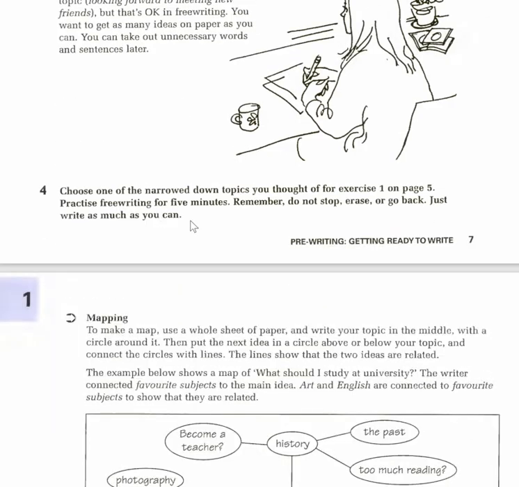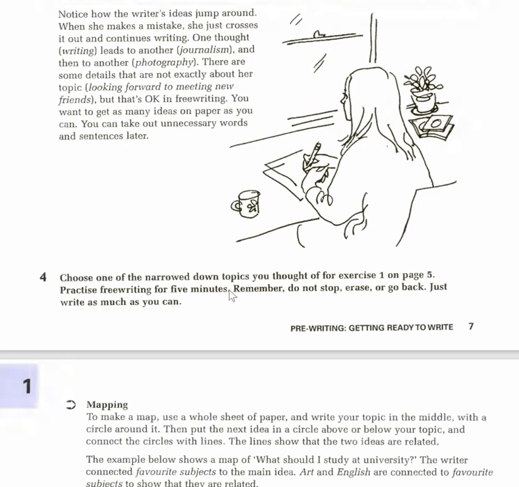We have an exercise here. Choose one of the narrow topics you thought of for exercise 1, like festivals, friends, cars, and then practice free writing for 5 minutes. Again, 5 minutes. Remember, do not stop, do not erase, do not go back.